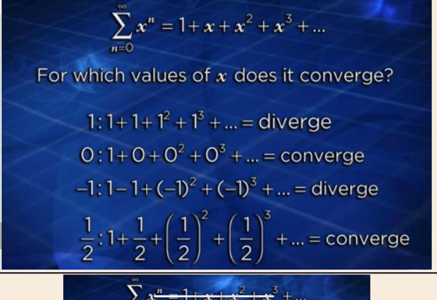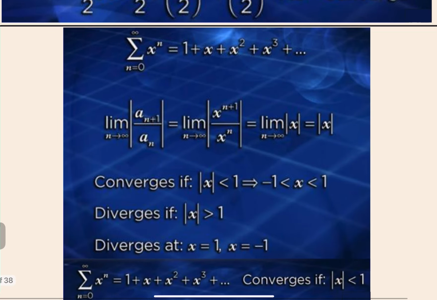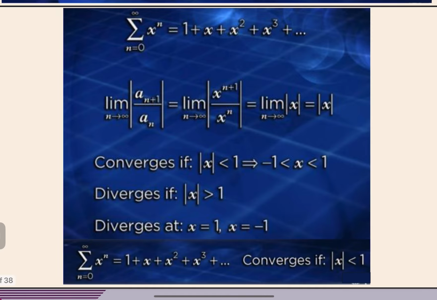And you already know the answer. If r is equal to 1/2, what did we say? The geometric series converges. So it converges at 1/2, it diverges at -1, it diverges at 1, and it converges at 0.